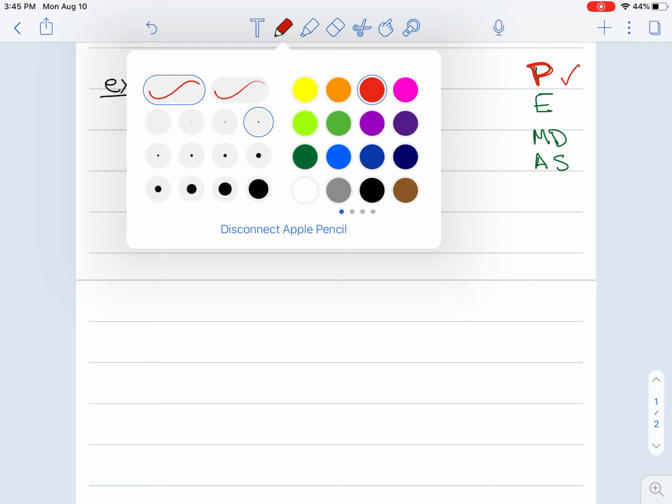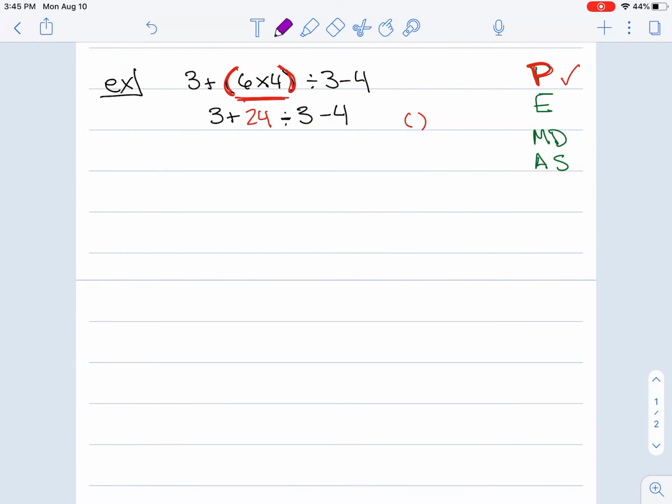So now we're looking for exponents. My exponents are those really tiny numbers that are kind of up to the right. And I don't see any exponents. So there's none there. I'm done.